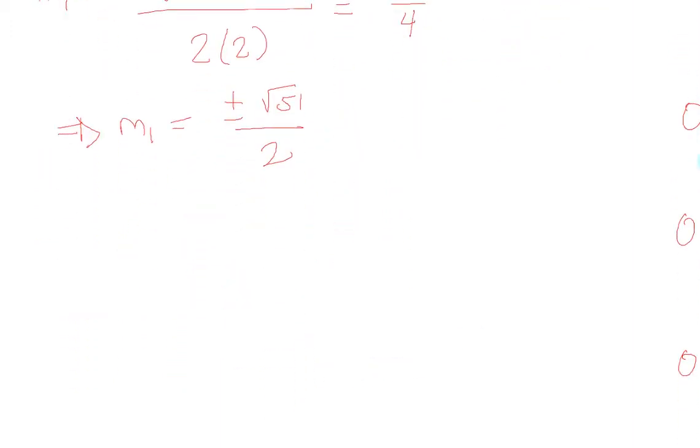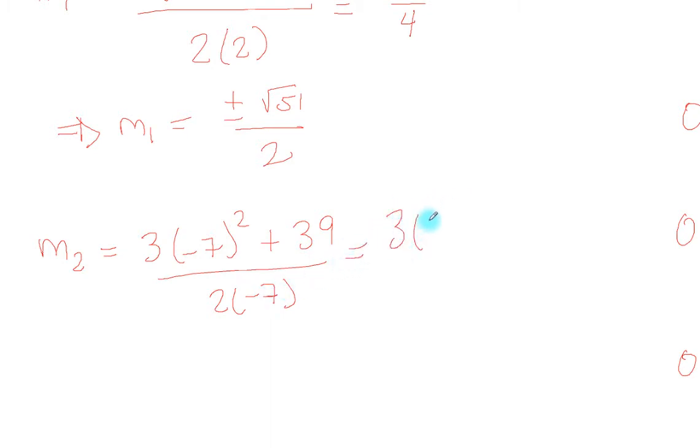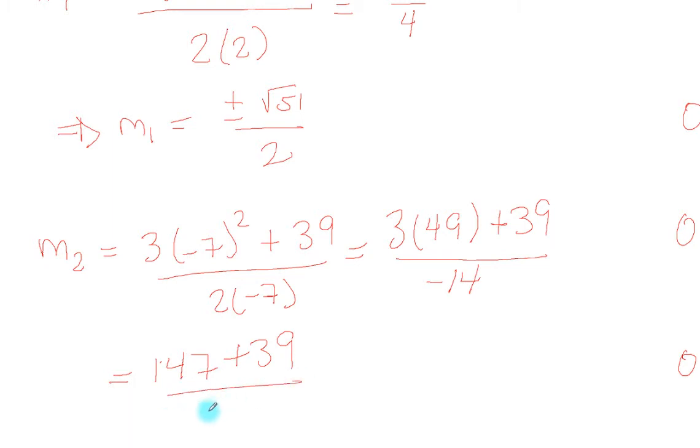Now let's do that for our next value. m2 squared equals 3 times minus 7 squared plus 39 over 2 times minus 7, which is 3 times 49 plus 39, which is 147 plus 39, divided by negative 14.